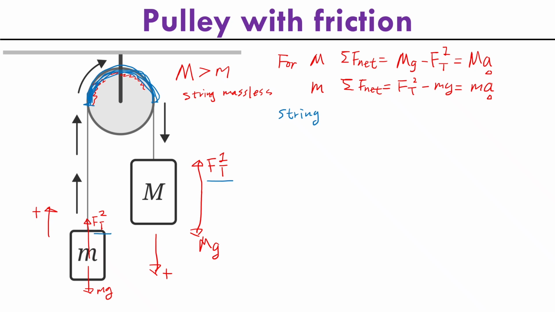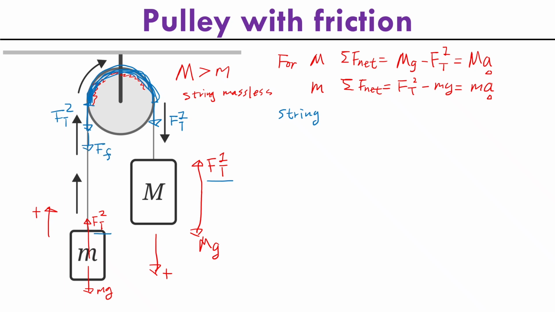So if I consider this part of the string, I know this string is under tension from the right. So there is Ft1 on the right. I know there's a tension Ft2 on the left. We also know the string is going to follow the whole system go clockwise. So there is a friction going counterclockwise, right?